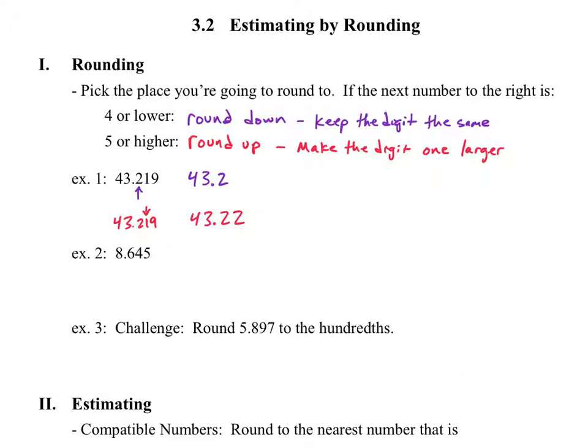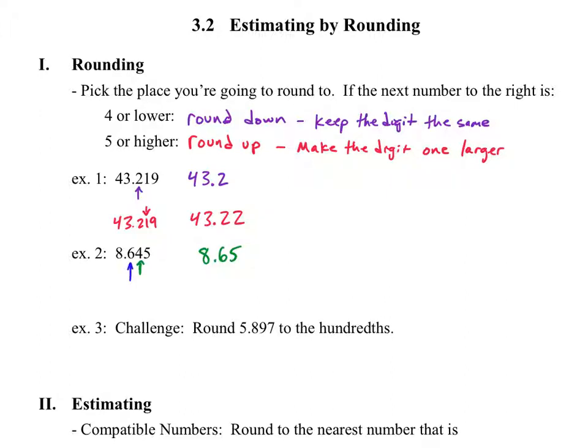Okay, I'm going to do this one a few different times. Let's say I'm rounding to this spot right there. Well, I'd make it 8.6. And then if we're rounding to that 4, that 100th spot, you look at the next number, which is the 5. Ooh, it's a 5 or higher, so I'm going to round it up. So my 4 has to become a 5. That'd be a correct way to do it. Let's say I'm going to instead round it to this digit.